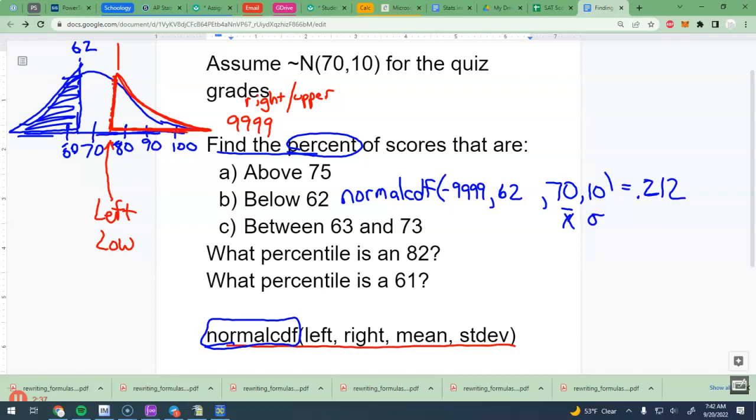No. So negative 999. I want to go all the way to the left. So really, you could type in negative infinity. I think there is an infinity button here. Does it matter how many numbers?